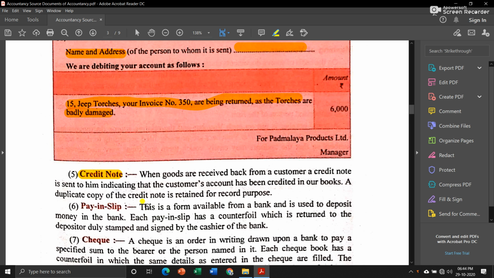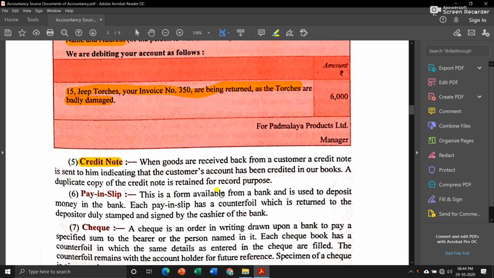The information in that credit note is the same as that of a debit note, meaning the name of the customer whose account is being credited in your books, plus the amount or the quantity of goods and the reason for return. All those things will be mentioned in the credit note.